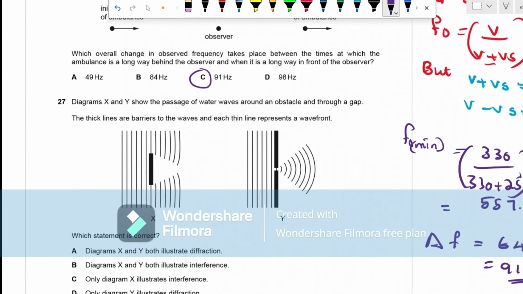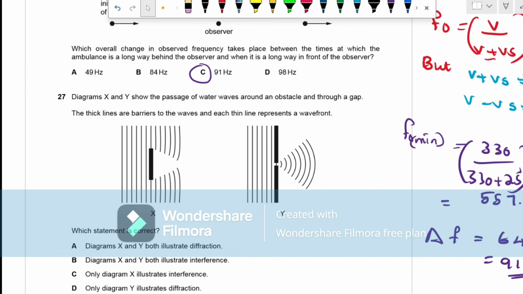27. Diagrams X and Y show the passage of water waves around an obstacle and through a gap. So basically, what is diffraction? Diffraction is the spreading of a wave into the geometrical shadow when it passes through a gap or past an edge. My advice to you is that you're just going to have to understand the definition of diffraction, and it should show you that both of these diagrams actually show diffraction.